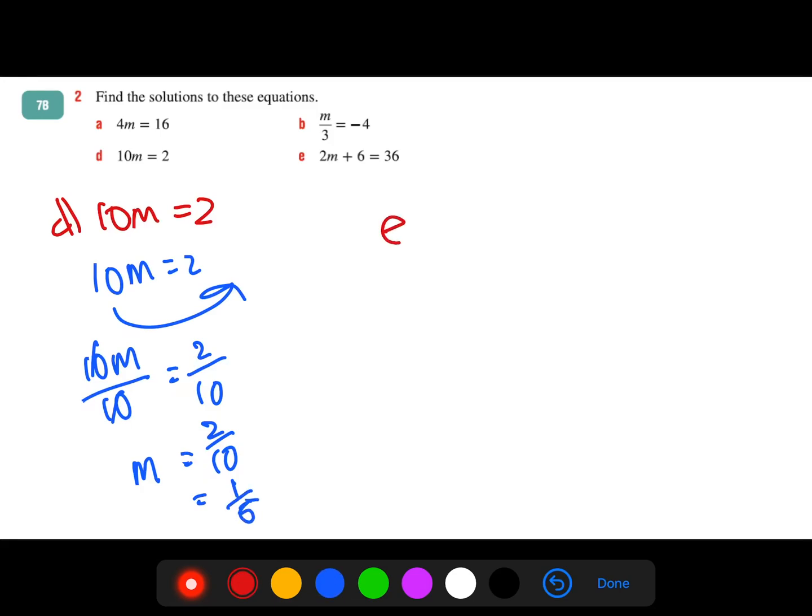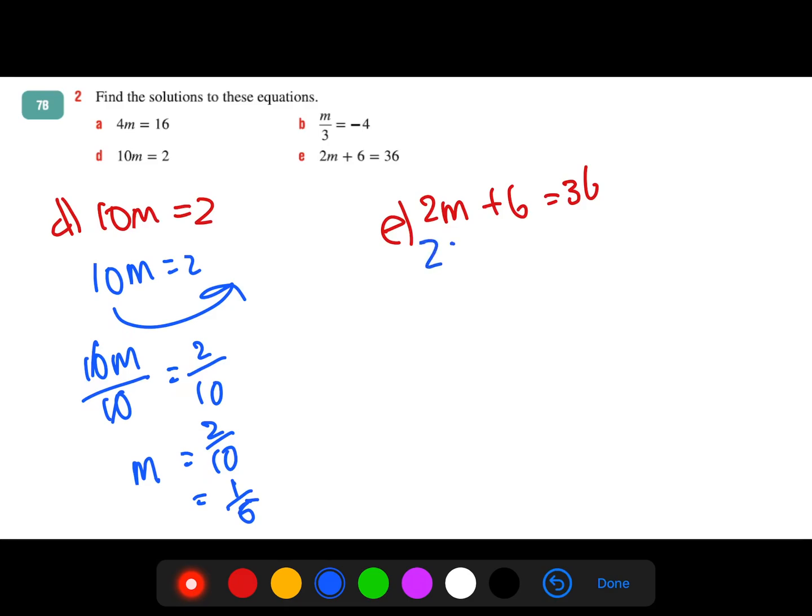And for my e, as you can tell, it's out of order. I've got 2m plus 6 is equal to 36. Now, I've got an extra step here because I've got the plus 6. I will need to move the plus 6 over first because it's the furthest away from the letter, from my unknown.